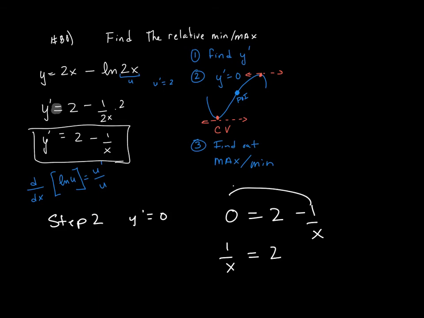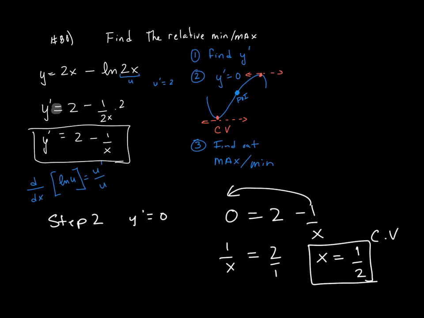I just move that over. And I cross multiply and divide, and I get x is equal to 1/2. So that's my critical value.